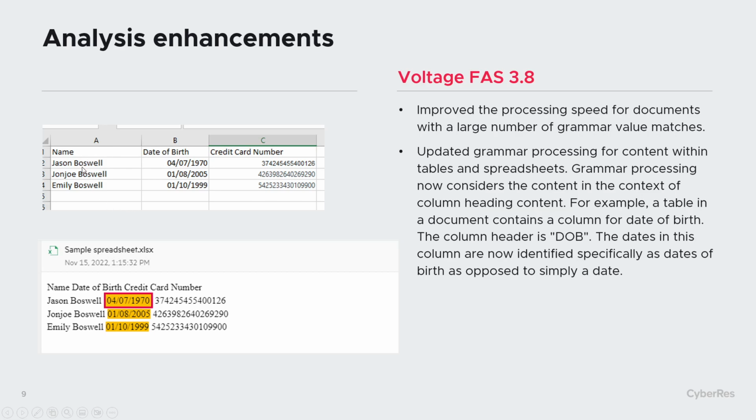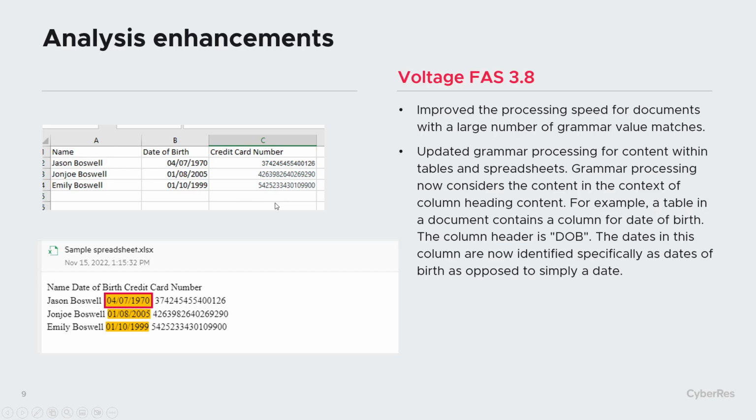Now, in the previous version, in this example set of tables here, in a spreadsheet, we had names and it would capture the names and the credit card numbers, but it wouldn't capture the date of birth, because the date of birth is a contextual-based identification. To know that this is a date of birth, we need to see the words date of birth contextually close to these dates.